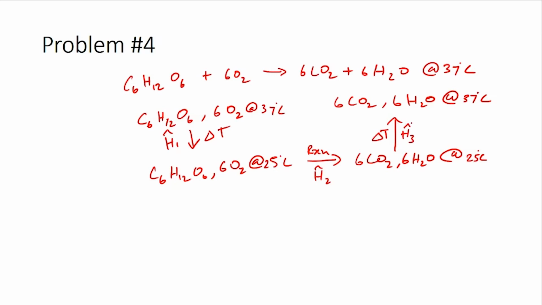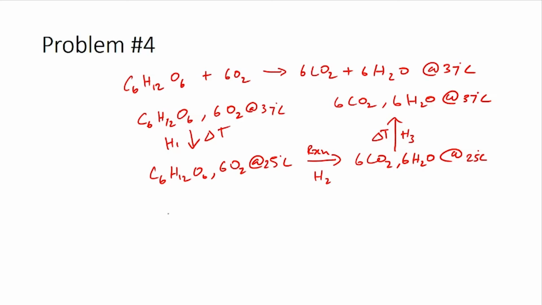H1 cap can be calculated as integral Cp dT, and we will basically be able to calculate the total change in enthalpy for this process for 1 mole of glucose and 6 moles of oxygen, which would be H1, and this would be H2, which would be the heat of reaction for this process, and you will have H3 which is for heating of carbon dioxide and water, 6 moles of each, to reach 37 degrees Celsius.